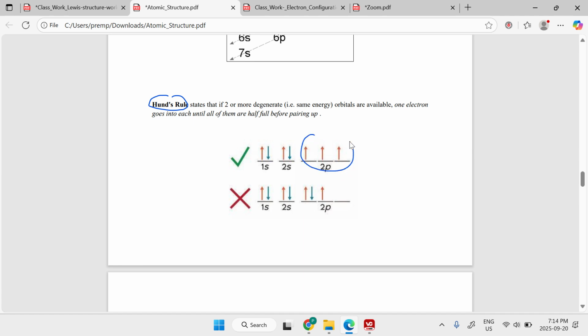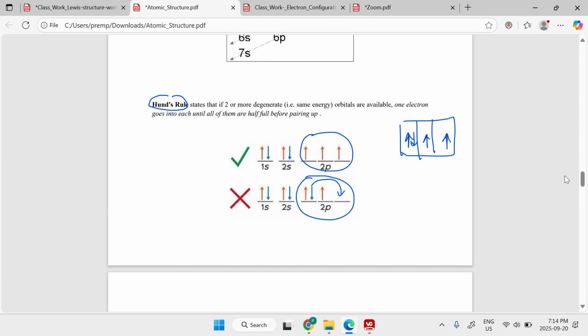Now you know p means there are 3 cells. In this second example, we did not take this electron to the third cell and started pairing it before. So that's wrong. First you have to distribute electrons equally, and when they have been equally distributed, then you can come back and start pairing.